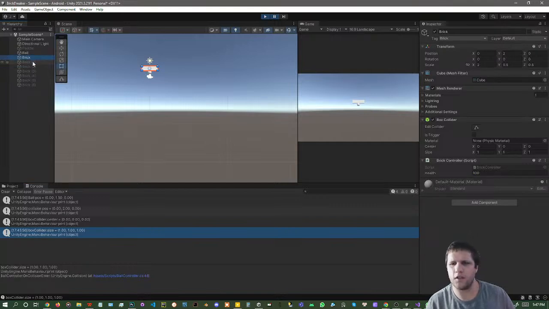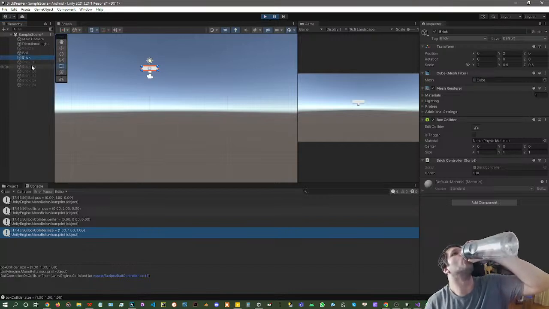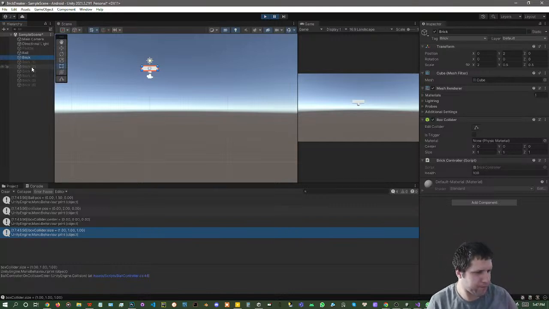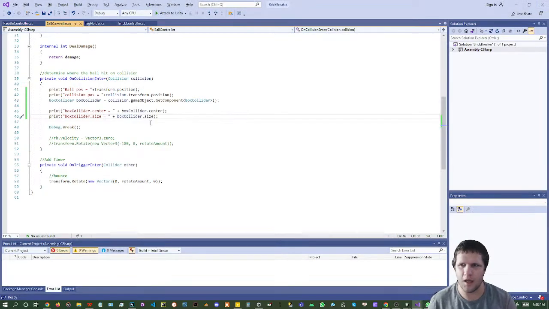Oh, we also need the scale. Right, right. Okay, so we need to include the scale of the brick as well.